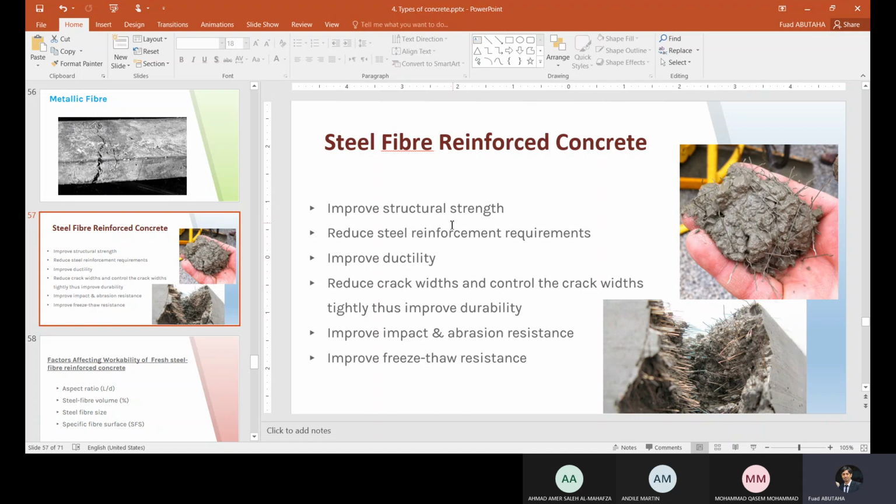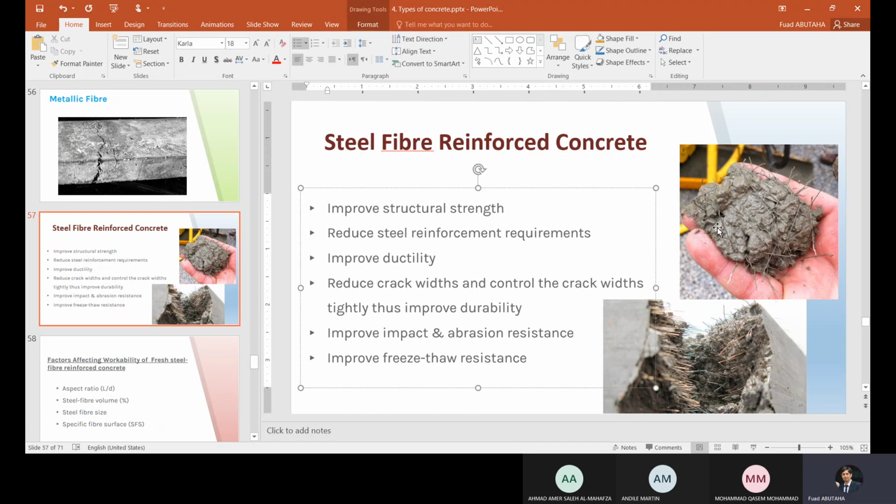Fiber reinforced concrete improves the structural strength, but this is in general for steel fiber, as not all types of fiber can improve the strength, especially compressive strength. It reduces steel reinforcing requirements, because the purpose of the reinforcing bars is to resist the tension force, and since we add fibers, they can handle some of the tension.